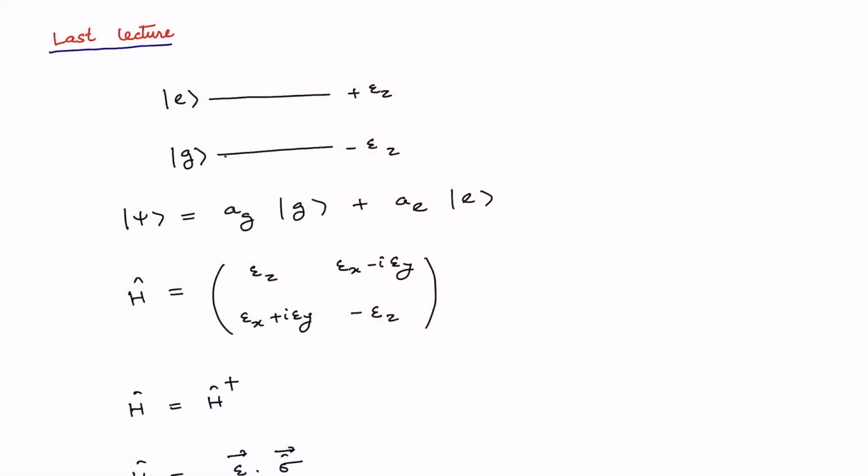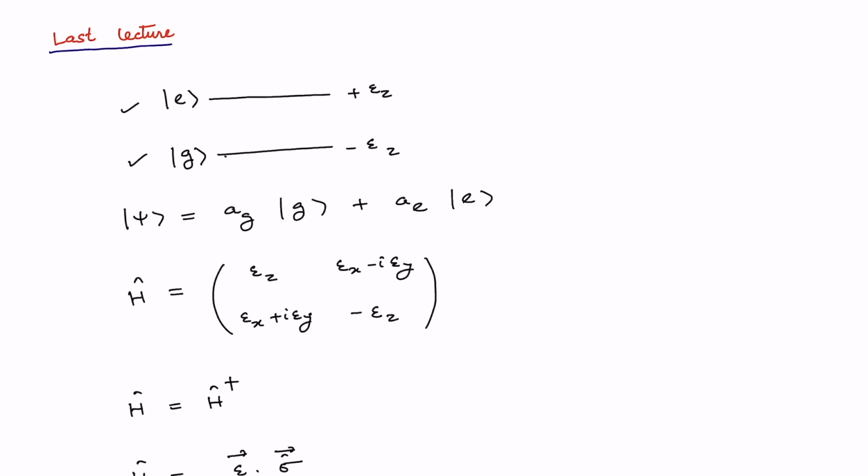In the last lecture, as we discussed a two-level atom, we represented the ground state of the two-level atom by ket z and the excited state by ket e, and they have energy.